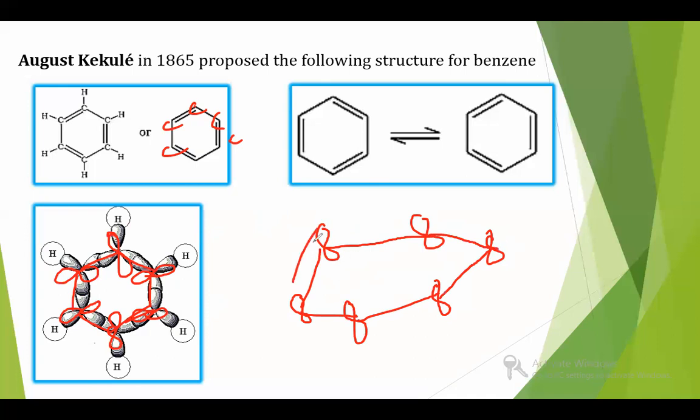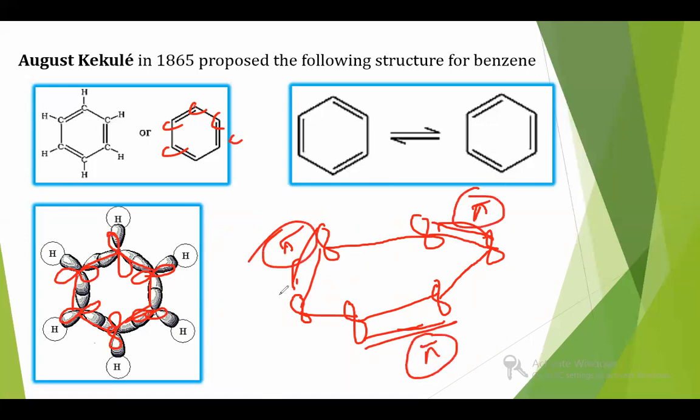Now there is overlapping, a pi bond between them, 1, 2, 3. Are you getting it? This is how we get the pi bonds. This is also called the doughnut structure, above and below.